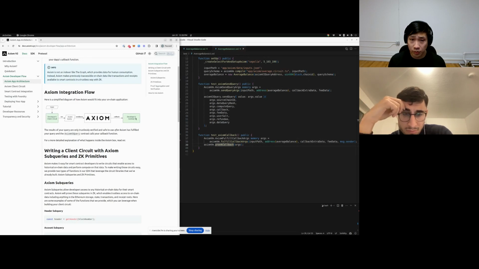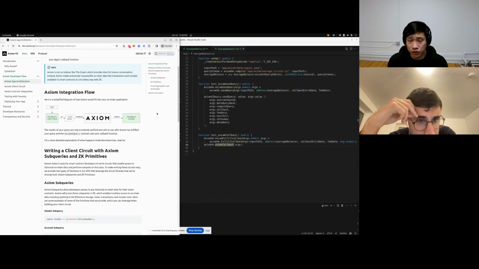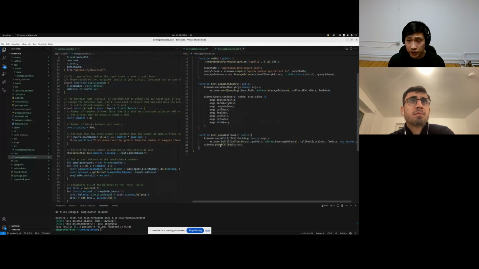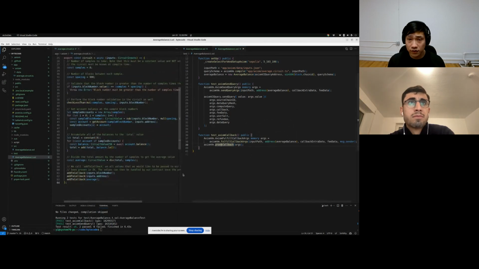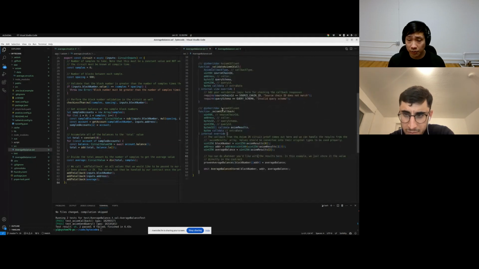So the callback the developer receives is actually triggered by Axiom. And so to test your integration, the crucial thing to test is that the callback that your circuit is creating is actually compatible with what you expect in your smart contract. So what this prank callback function does is exactly mimic running your circuit, getting the data inputs authenticated on-chain, and then sending the callback to your callback in your client contract.